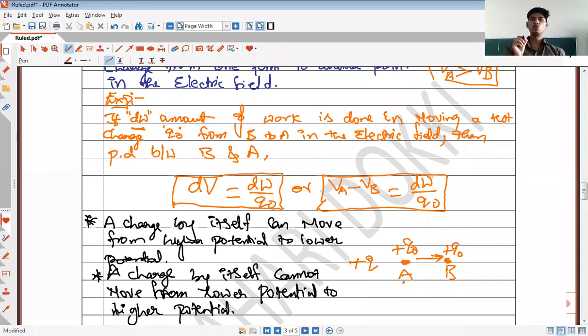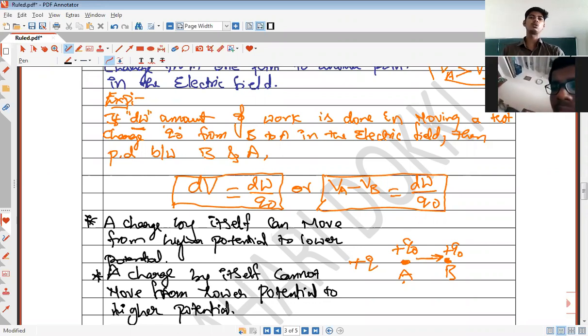If you have to move the charge from lower potential to higher potential, you will have to do work. If the charge is already present at higher potential, and you need it to move to a lower potential region, you are not supposed to do any work. It by itself will move from higher potential to lower potential.